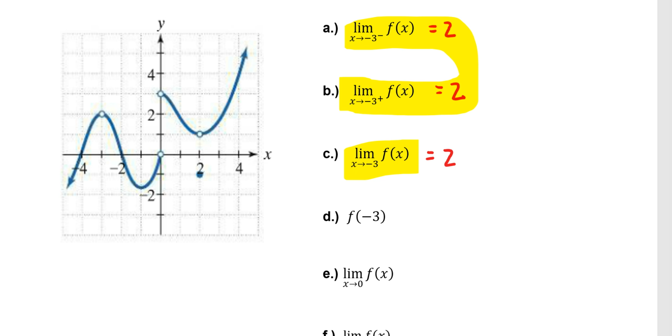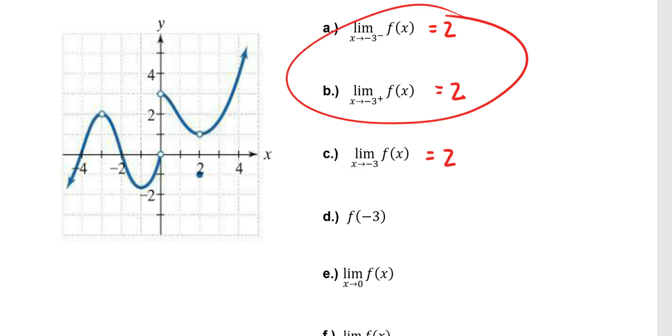So this is an example of one. We could have done this question from before we talked about one-sided limits, right? Because if we look, it's approaching the same thing from both sides, so we knew that the answer was 2 without even talking about the one-sided limits.